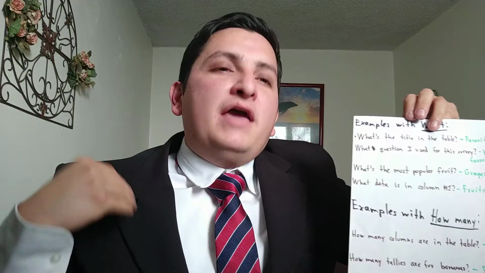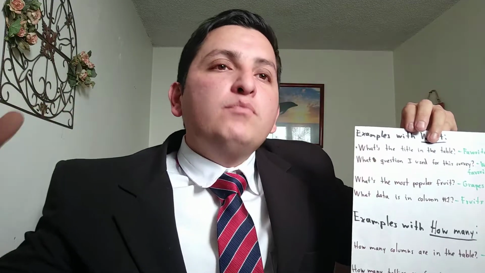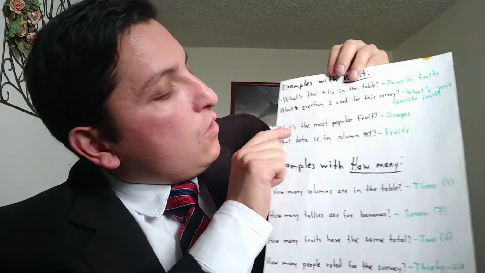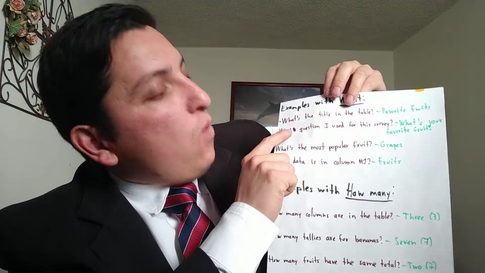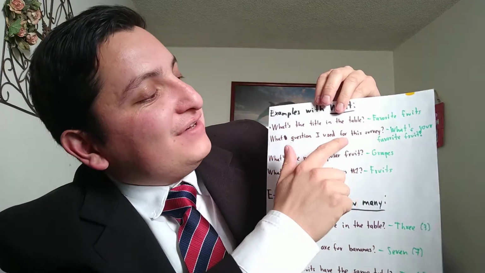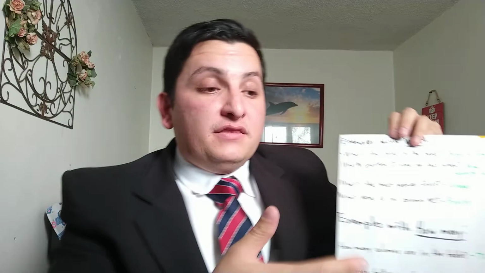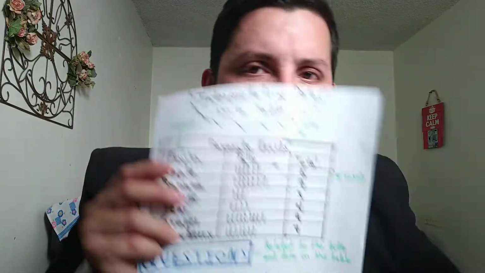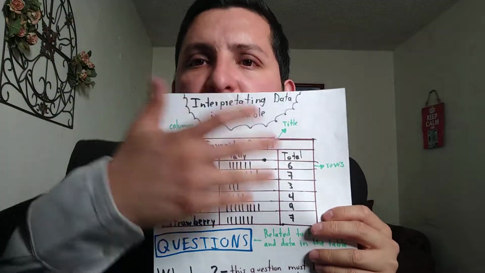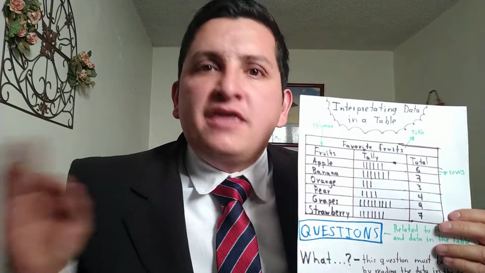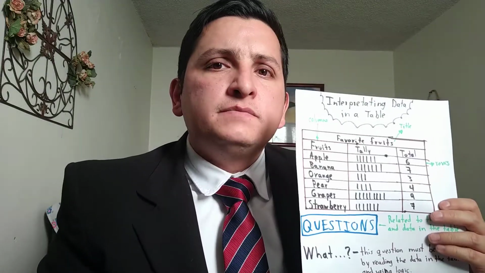Now, let's make a more complicated question. What question did I use for this survey? This is not that simple because right here in this table, I don't have the specific question I used to complete it.